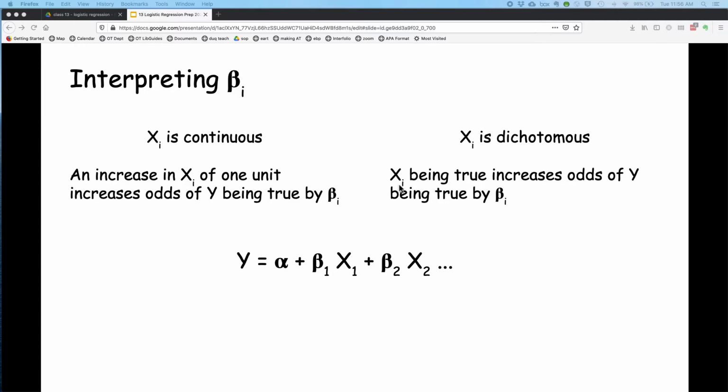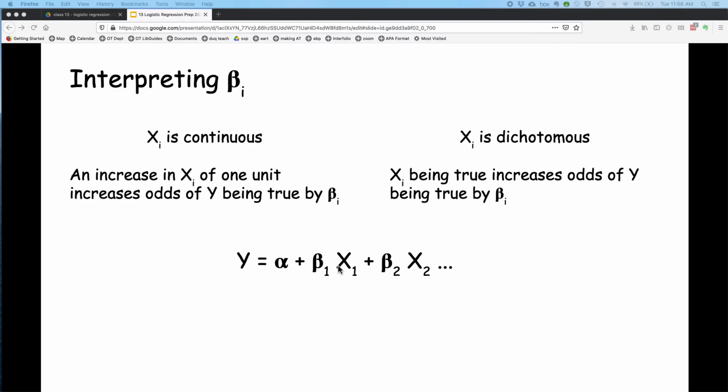So how do you interpret this? This is what a logistic regression equation looks like, and it looks exactly the same as a linear regression equation. The difference is this y is not the value of y. This is the odds of y being true.